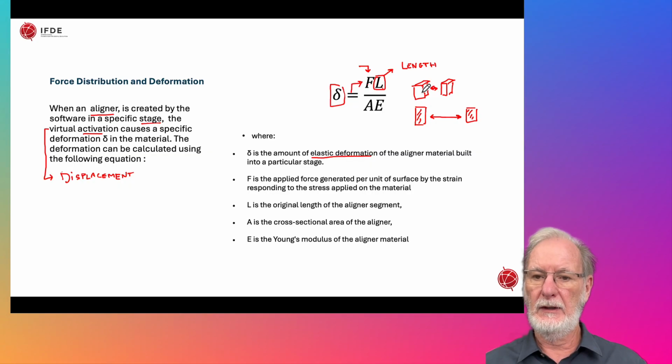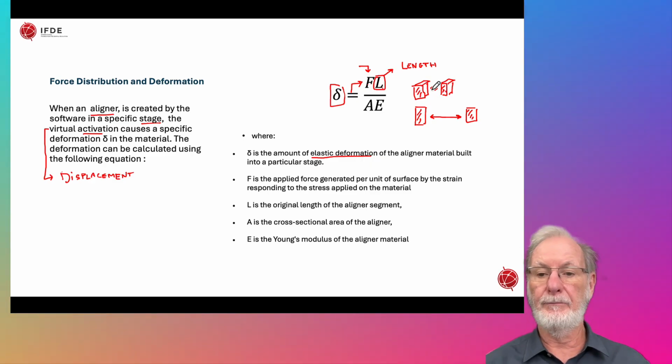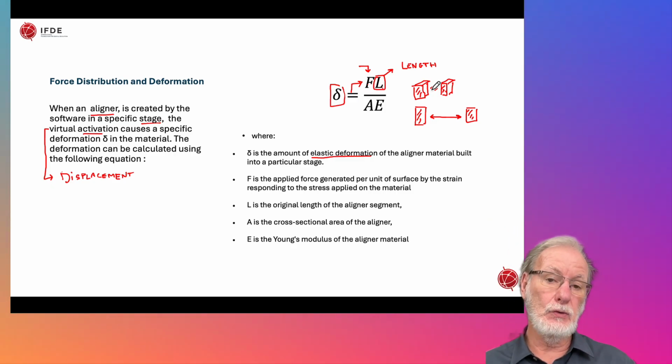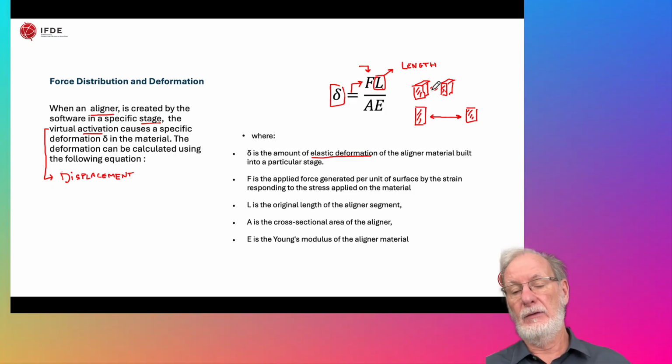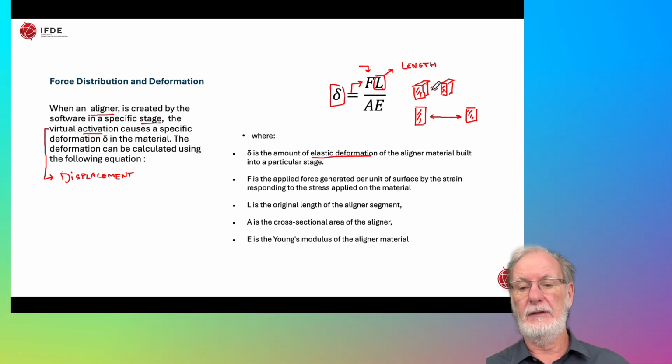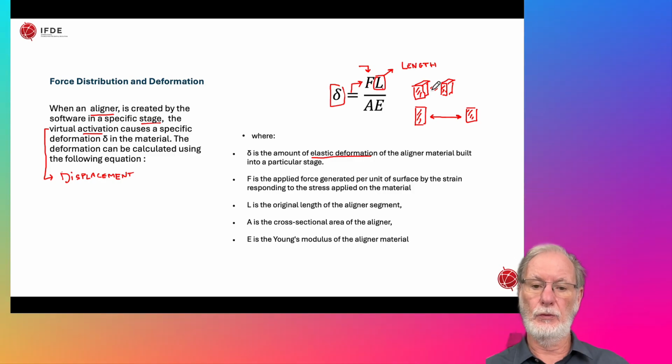People tend to put a lot of attachments, thinking that it will help the movement, which is true in a sense, but it also has a problem by removing some of the potential deformation of the material, which reduces the potential of controlled tooth movement. This is inversely proportional.